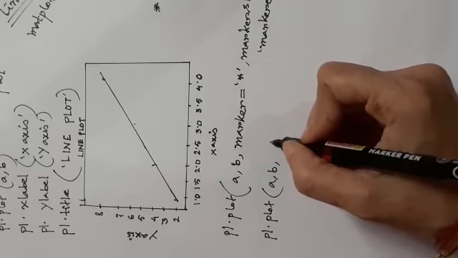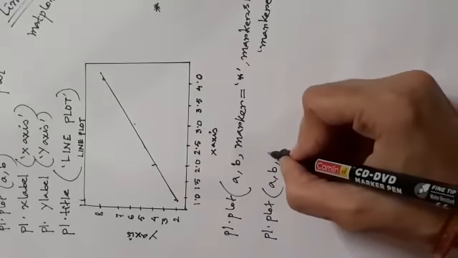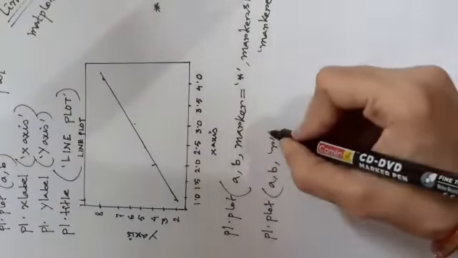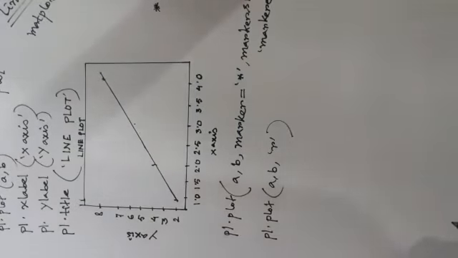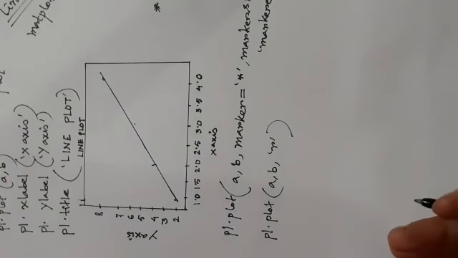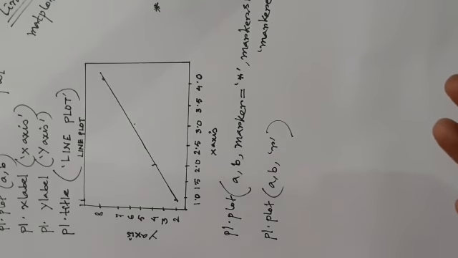Suppose I want to give the color of the line also red, then I have to write like this, A, B, R. So today we have learned up to this. You came to know how to make your plot something beautiful, not only for looks but for better understanding also. So today up to this.